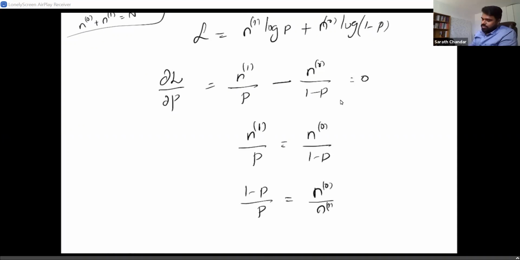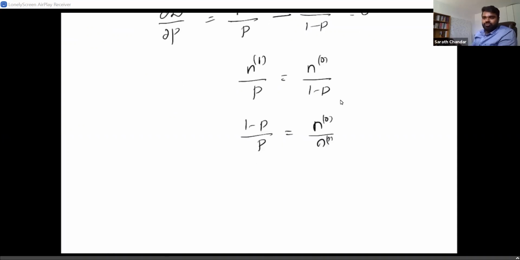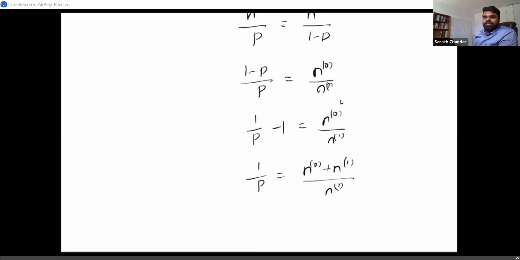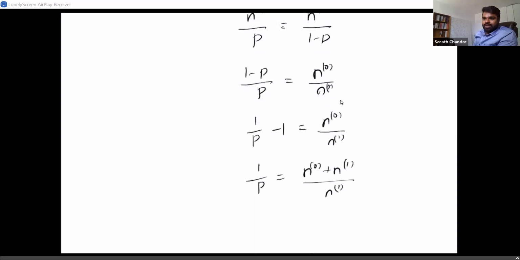I'm just going to do a bit of algebra to come up with the value of P. So 1 over P minus 1 is equal to n0 by n1. I bring the minus 1 to the other side. So this becomes 1 over P is equal to n0 plus n1 by n1. Now we know that n0 plus n1 is the total number of trials. So P is basically n1 by capital N.